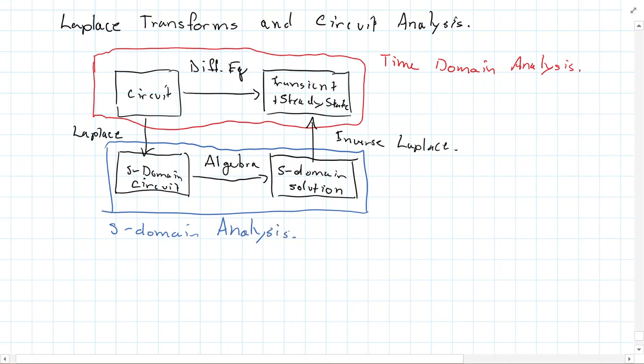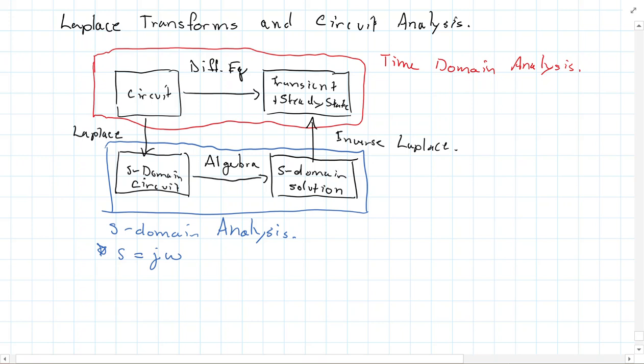Without going into all the mathematical theory, there's a key thing here that we're going to use in lessons, especially when we get to analyzing filters: you can set S equal to J times omega.